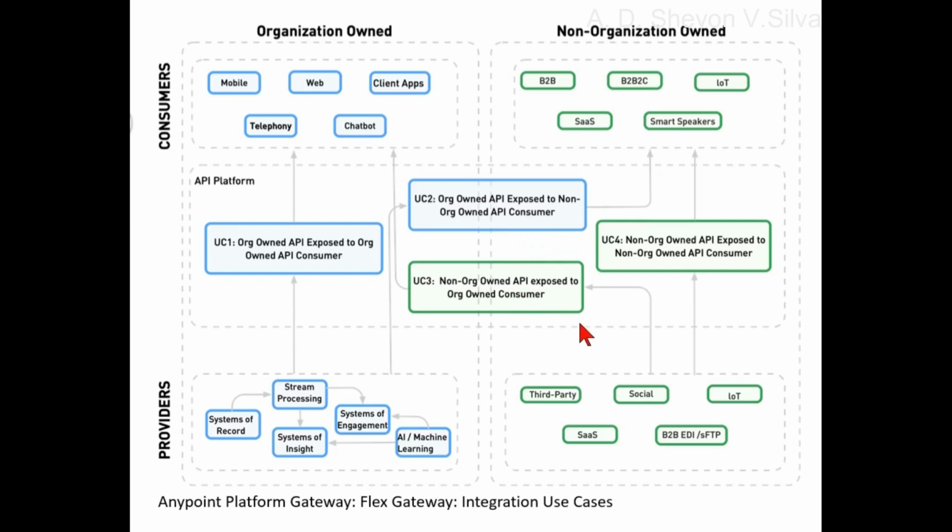Use case 3, non-organization owned API exposed to an organization owned API consumer. Pattern 7, non-organization external API exposed to an organization internal consumer. Pattern 8, non-organization external API exposed to an organization external consumer.